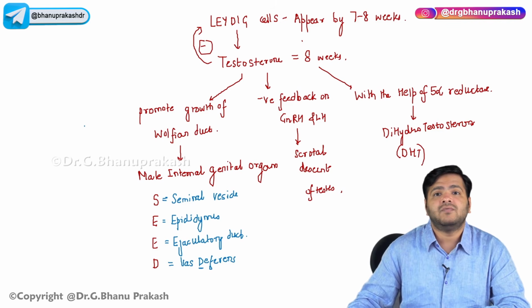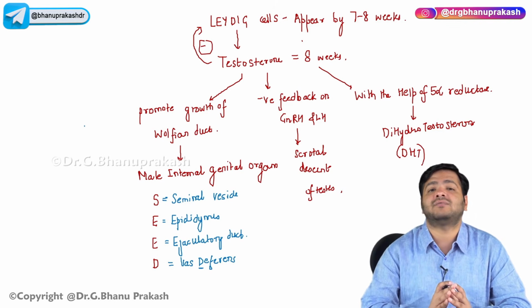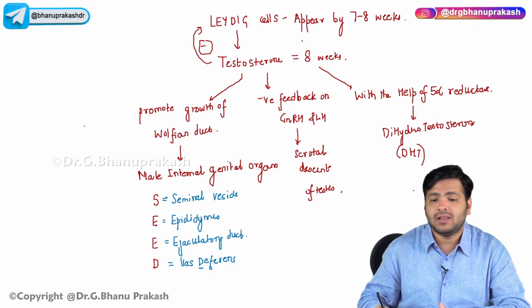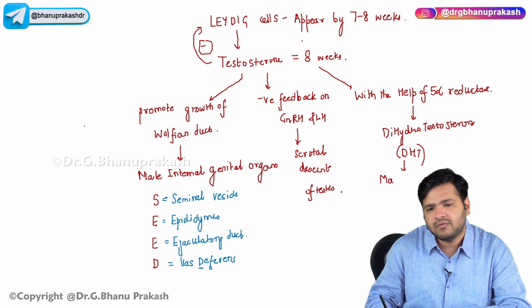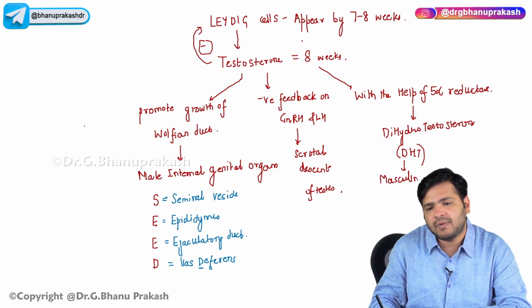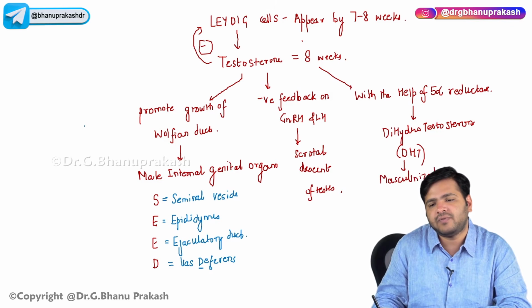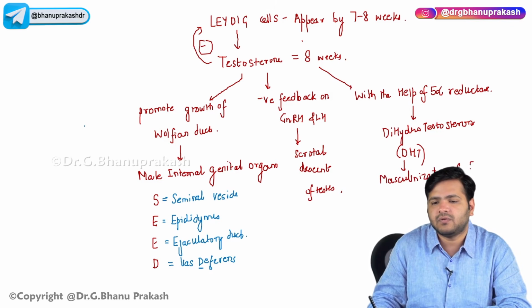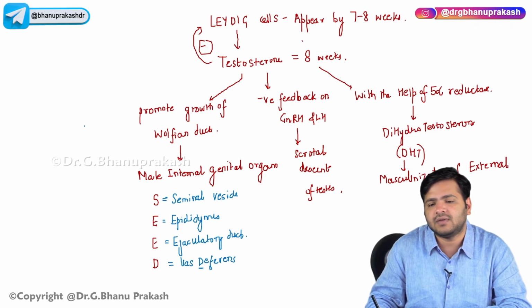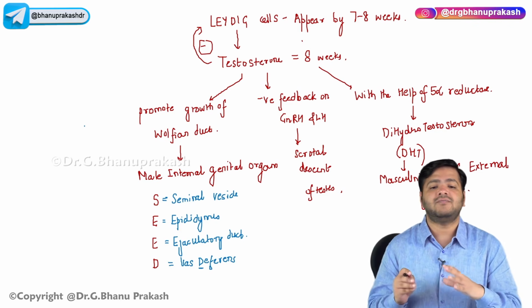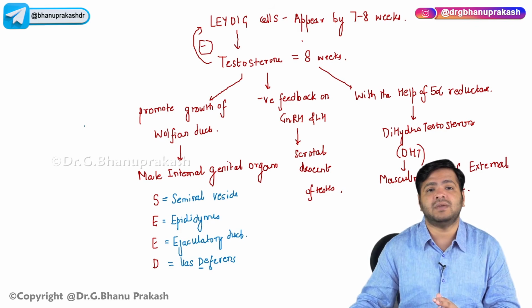Now, dihydrotestosterone and testosterone will be responsible for the masculinization of the external genitalia, right? Now, that was about the sexual development in males.